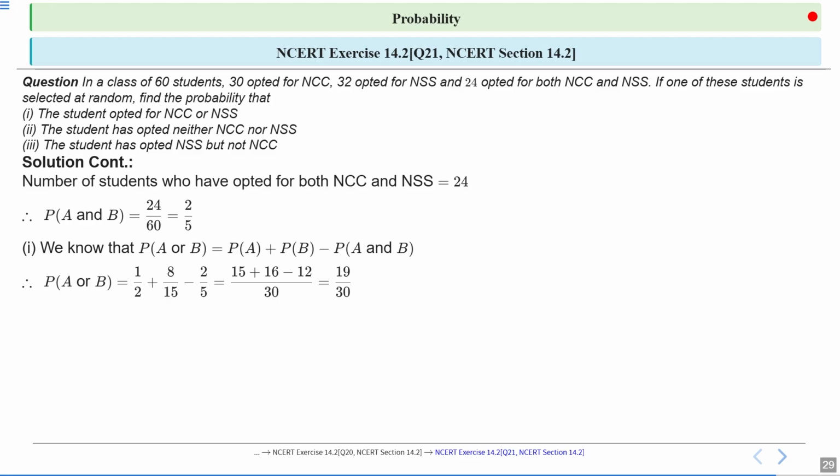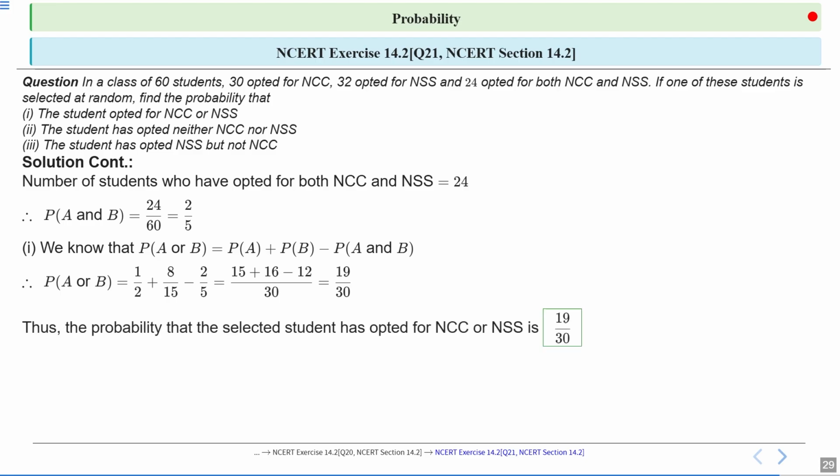So the probability that the selected student has opted for NCC or NSS is 19 over 30. So the answer of the first one will be 19 over 30.